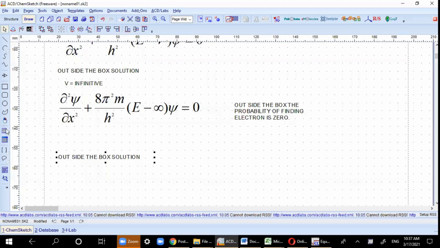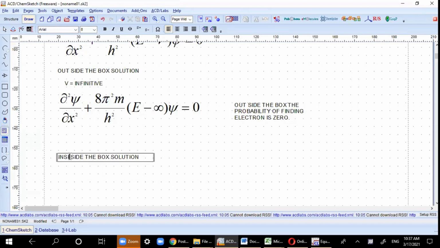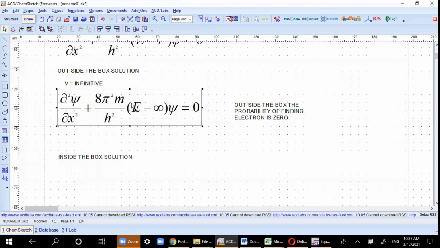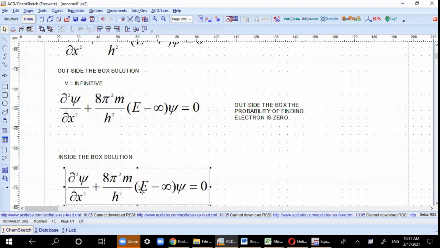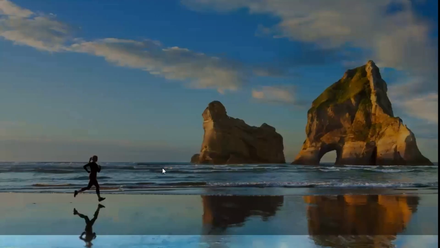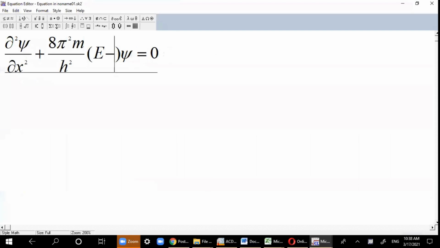Inside the box we are going to solve the equation. Now the V term will become 0, and this will become 0.